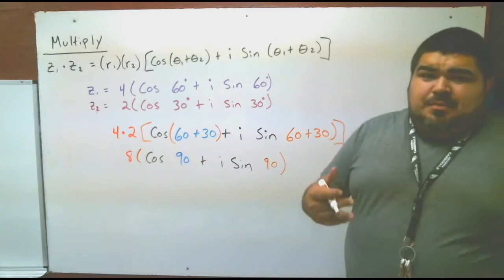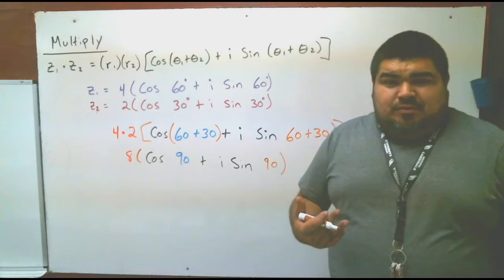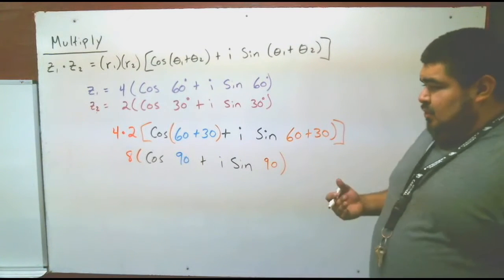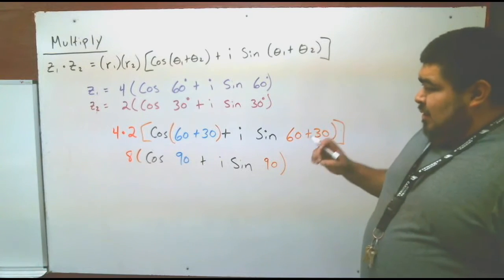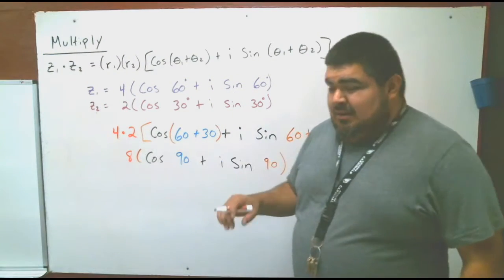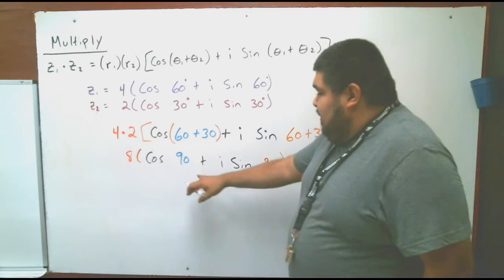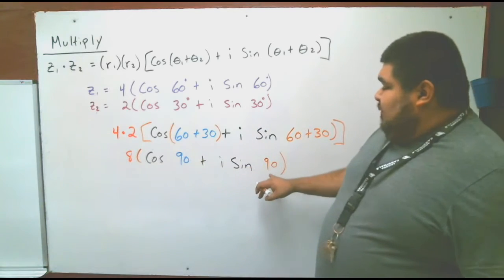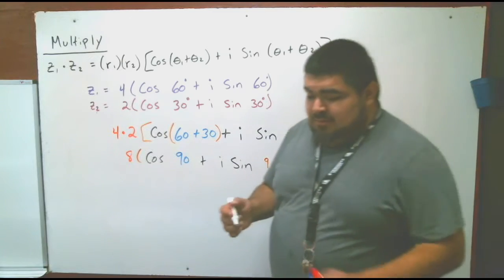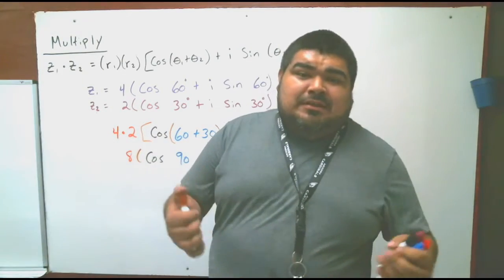Remember, we're not looking for polar form, all we're looking for is rectangular form. So wherever we have cosine of 90, whatever cosine is for 90, we plug that in, and whatever sine is for 90, we plug that in. You might ask yourself, how do we know what 90 is?